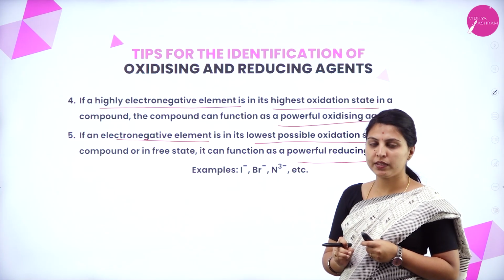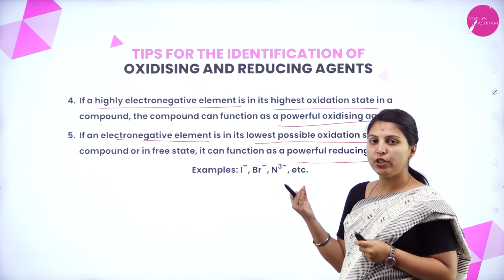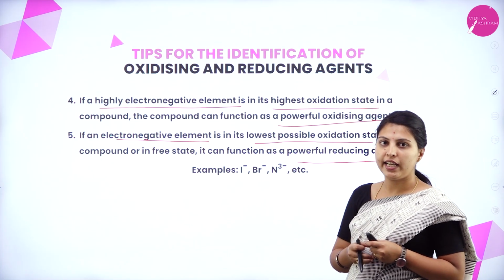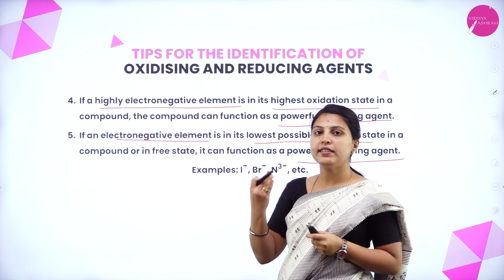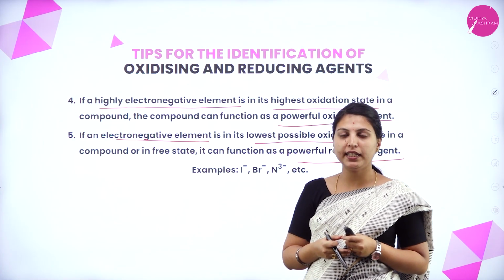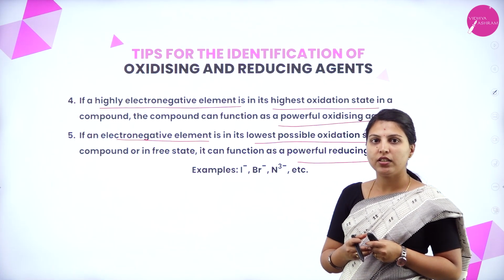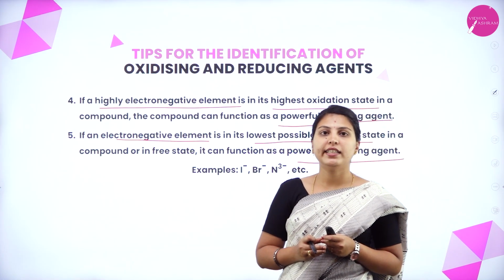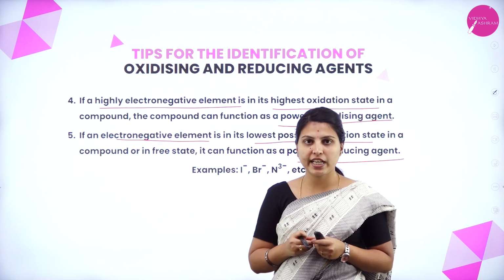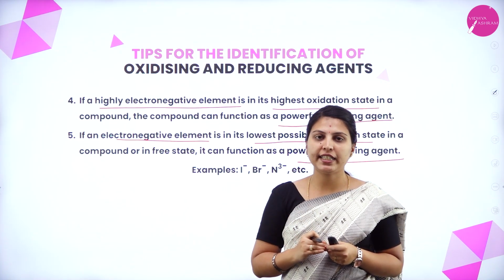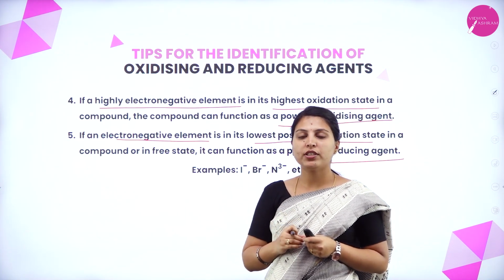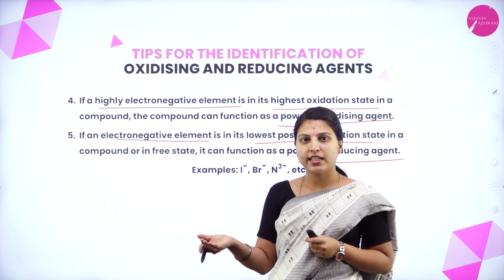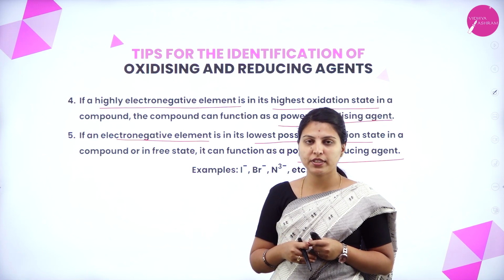These are the 5 tips given to identify the oxidizing agent and reducing agent. Once again, if the highest oxidation number is present, then it is considered an oxidizing agent. If the lowest oxidation number is present, then it is considered a reducing agent. If it is in an intermediate oxidation state, then it is considered both an oxidizing agent and a reducing agent.